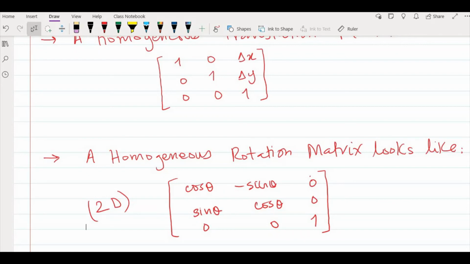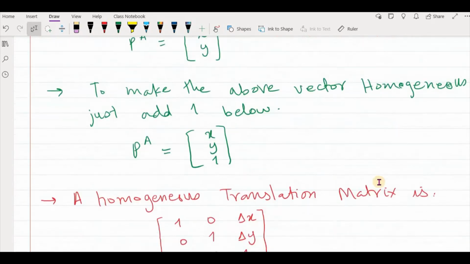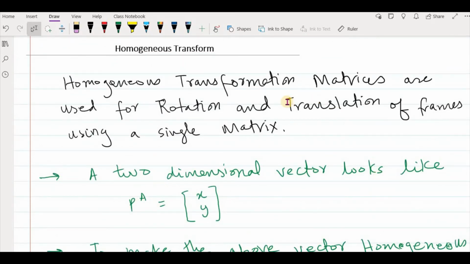Okay, now we have to combine them in one homogeneous matrix. Here what we said is that these are used for rotation and translation of frames using a single matrix. I think this statement is a little bit misleading.